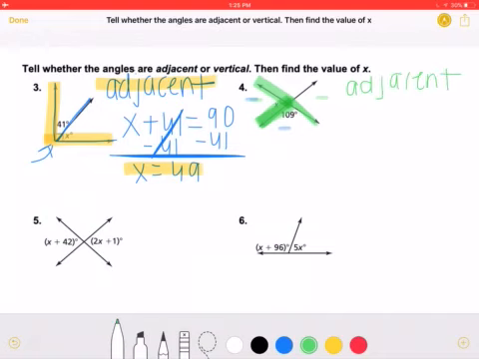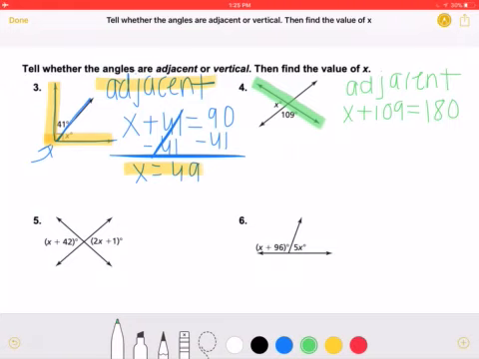Now this time, these adjacent angles are not forming a right angle, but they're forming a straight angle. We know that a straight angle is equal to 180 degrees. So I'm going to take my X angle, add it to the 109 degree angle. Together they should equal 180.